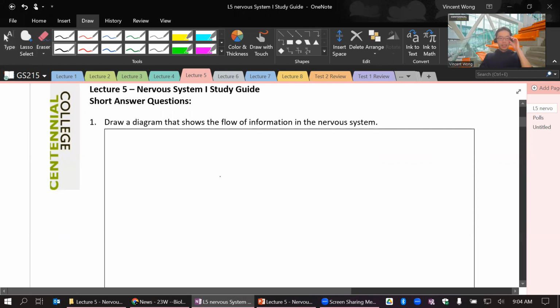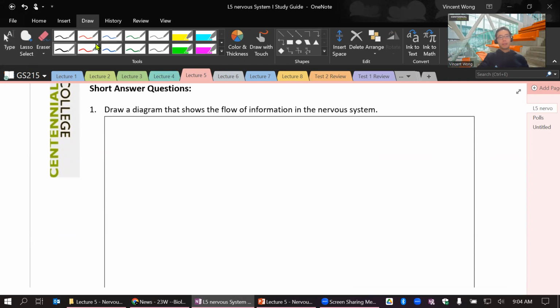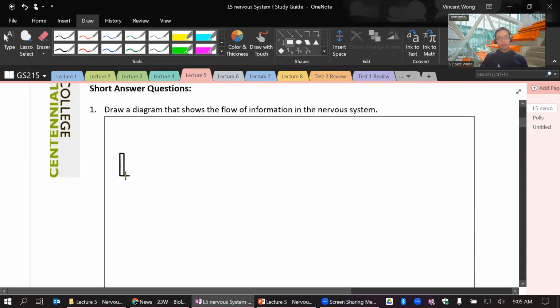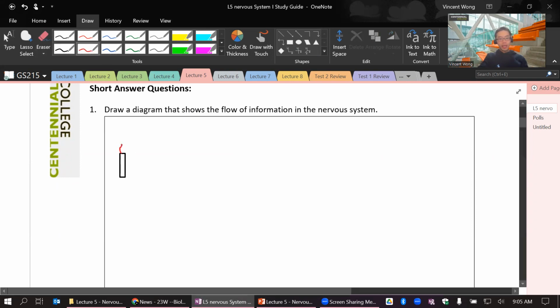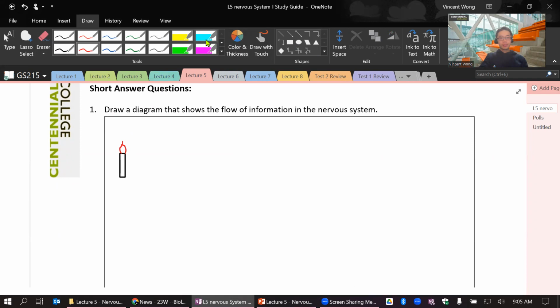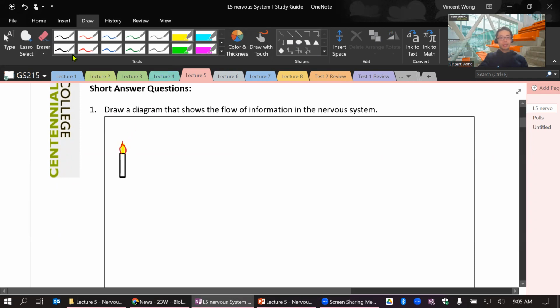So let's say we have a stimulus. Maybe let's do a little candle here, and then you accidentally put your hand on it without knowing.